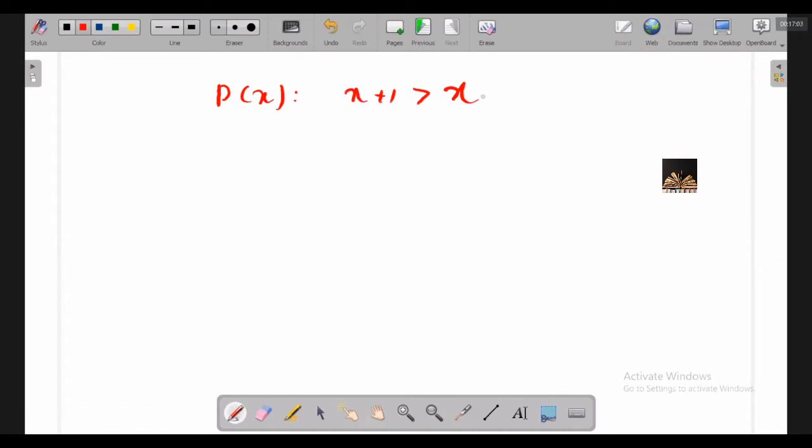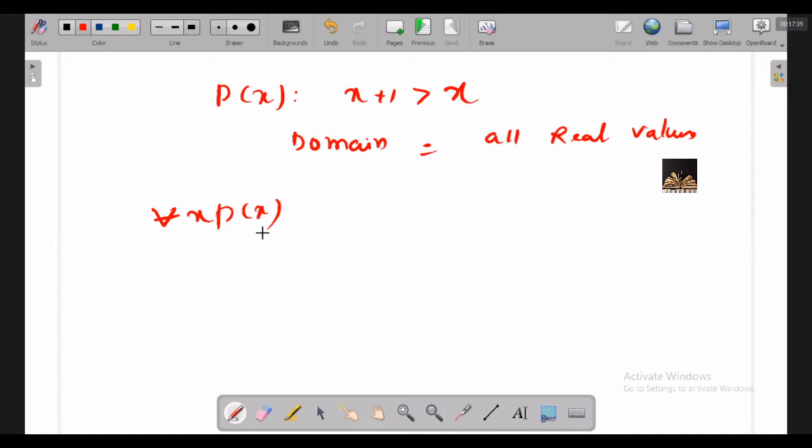Here, the domain means the possible values of the predicate variable. The domain is all real values. Is "for all x, P of x" true or false?